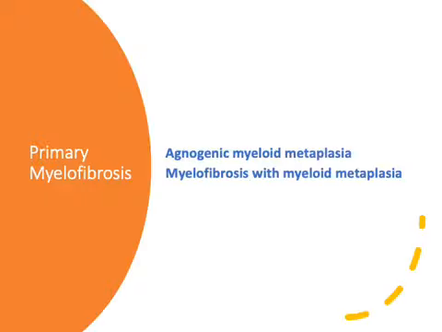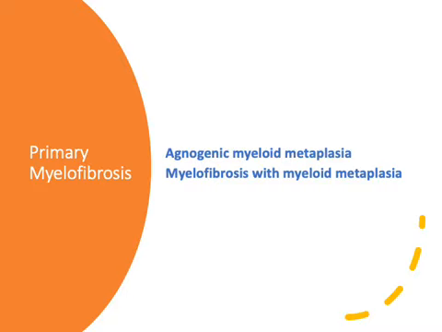Primary myelofibrosis is characterized by progressive generalized reactive fibrosis of the bone marrow in association with megakaryocyte atypia and proliferation, and with the development of hematopoiesis in the spleen and the liver.